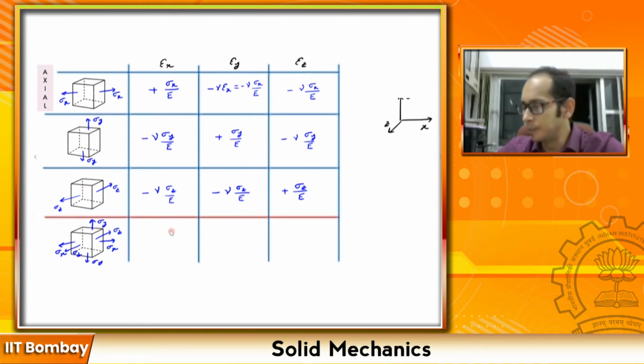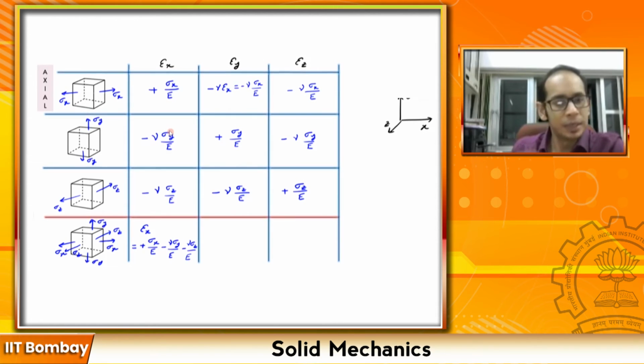So my epsilon x is going to be positive sigma x divided by E, which is the first term, negative of nu sigma y by E, and negative of nu sigma z by E.